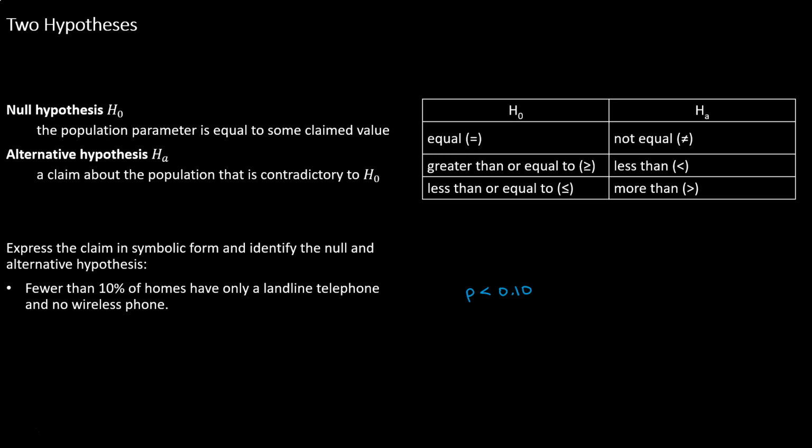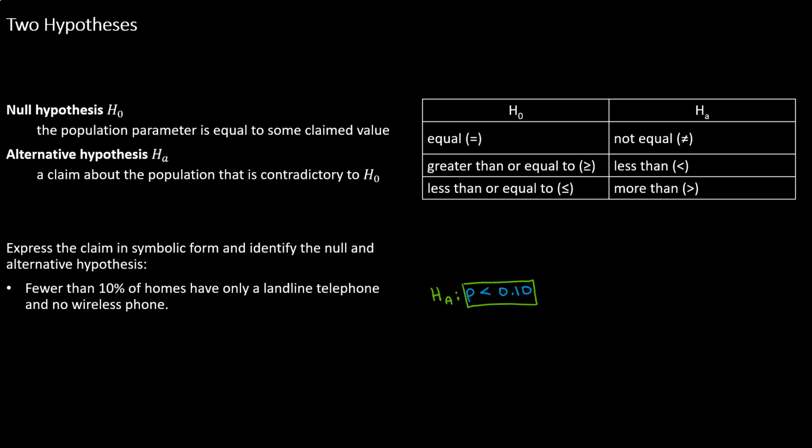Notice that the phrase fewer than is not including equal to. So this original claim is actually our alternative hypothesis because it does not include any equality. Therefore, the contradictory hypothesis is the null hypothesis. And if we look at the little table on the screen, the less than inequality is contradicted by the greater than or equal to inequality.